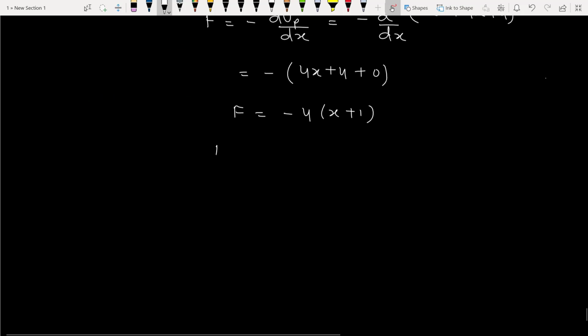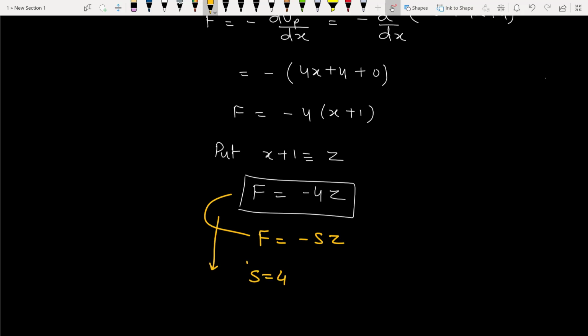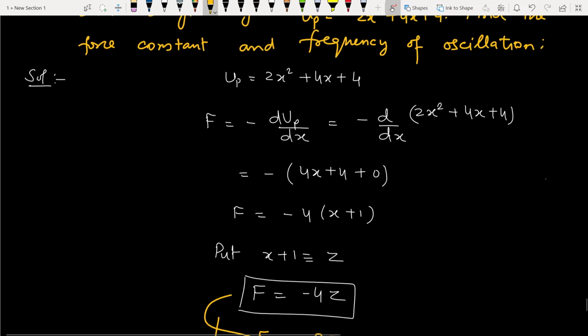So put x plus 1 equal to z. So F is equal to minus 4z. This equation is of the form F is equal to minus Sz. The motion given to us is SHM, and comparing both we get S equal to 4 Newton per meter. So this is the force constant that we were to calculate.